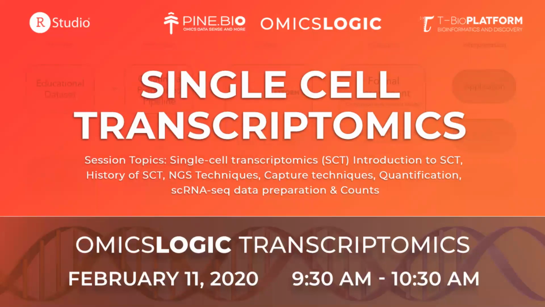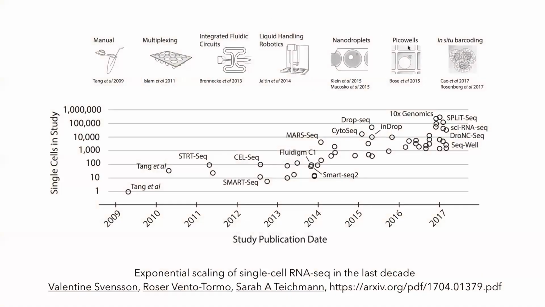So we'll talk about different types of single-cell transcriptomic techniques, which, by the way, over the years have emerged, and now we have quite a number of different techniques for single-cell sequencing.